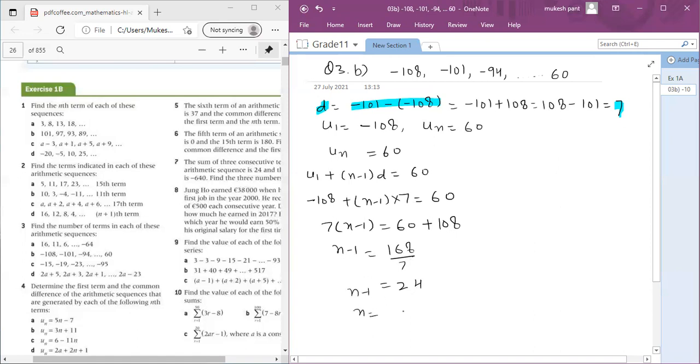So n equals 24 plus 1, that is 25. We had to find out the number of terms of this arithmetic series, so the number of terms is 25.